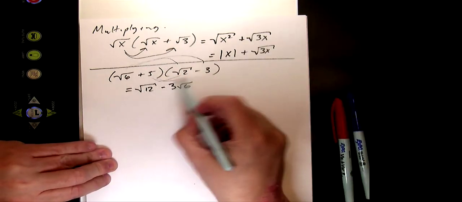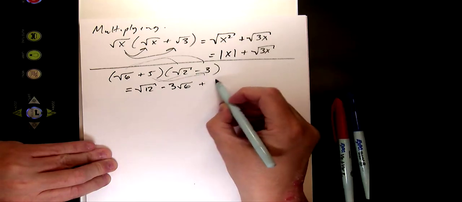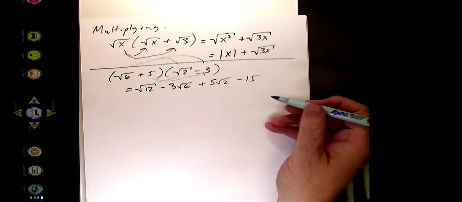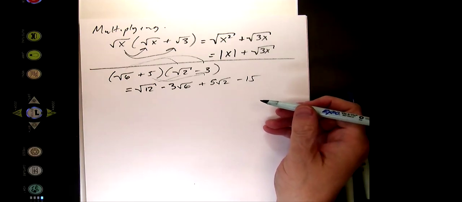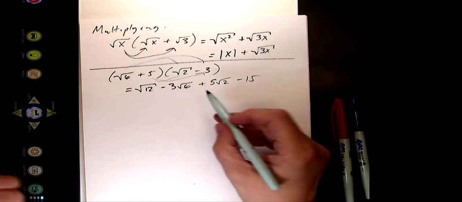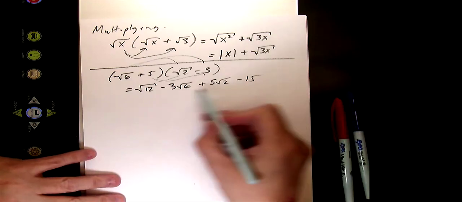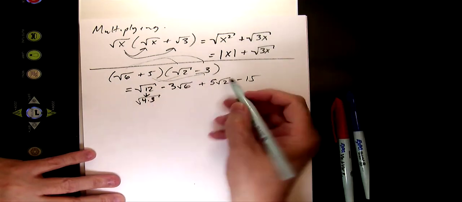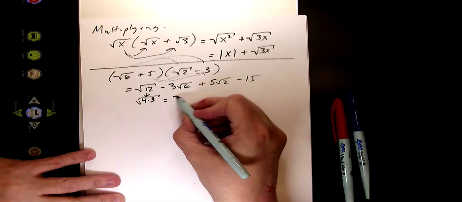And then if the 5 hits both of them, I've got plus 5 square root of 12 minus 15. These are all as simplified as they can get, but this is 4 times 3, which means that's going to be 2 square root of 3.